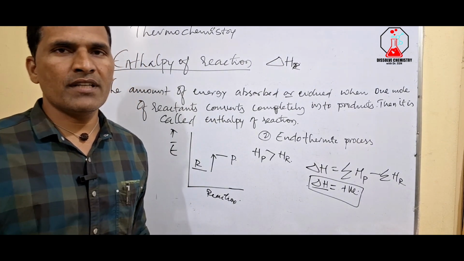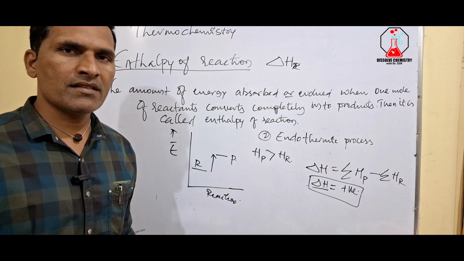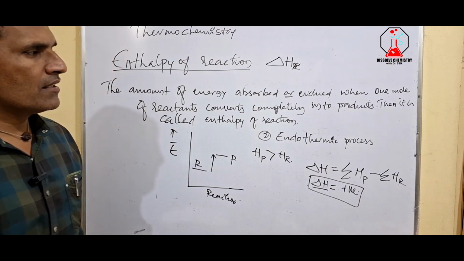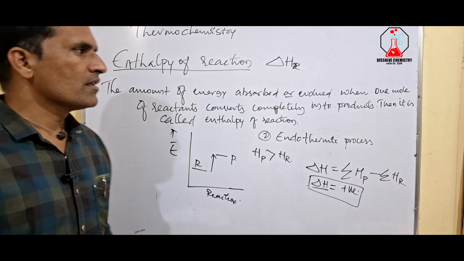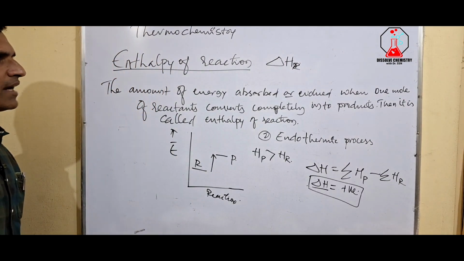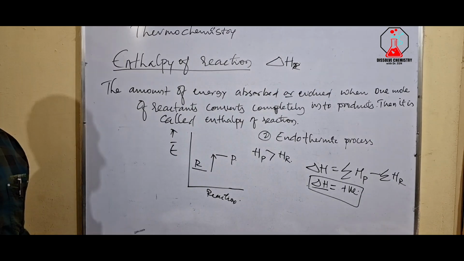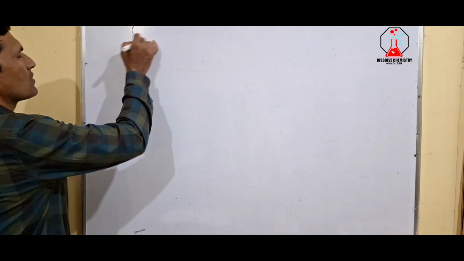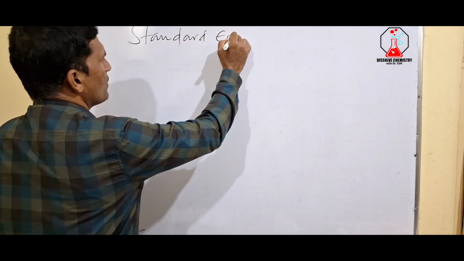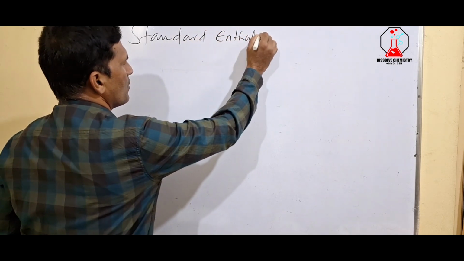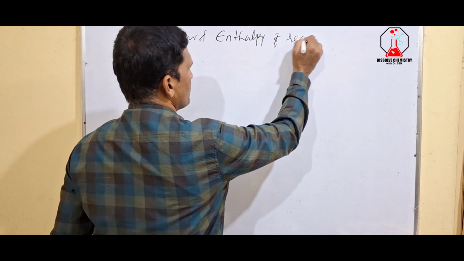Okay, if the values are given with a positive sign, it is implied that the process is endothermic. Okay. So now we will talk about standard enthalpy of reaction. What does standard enthalpy of reaction mean?